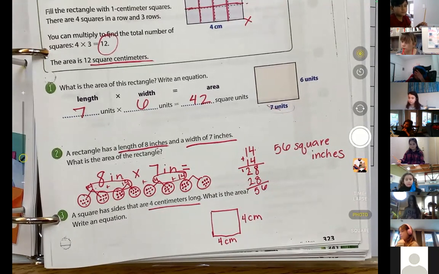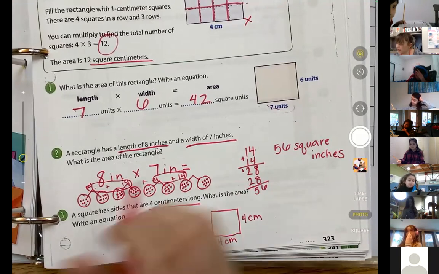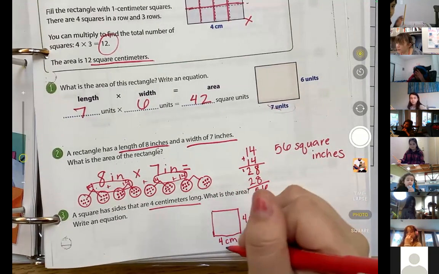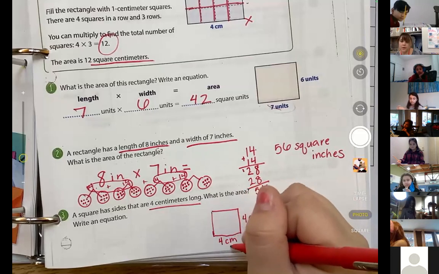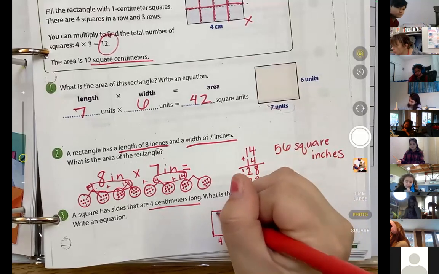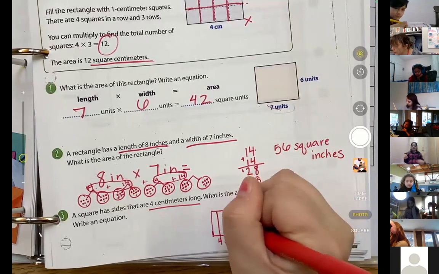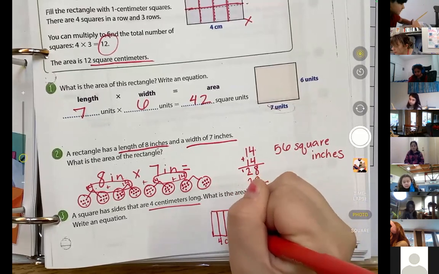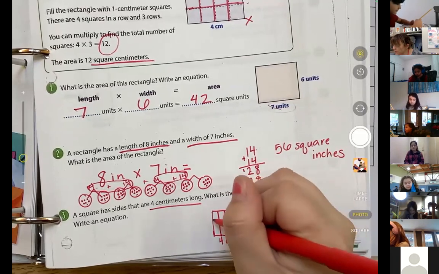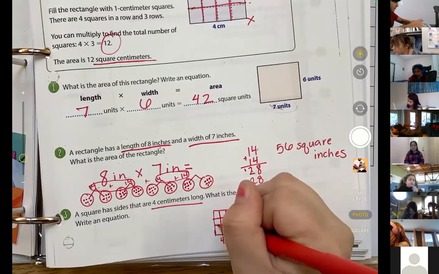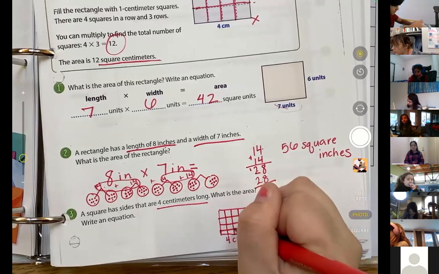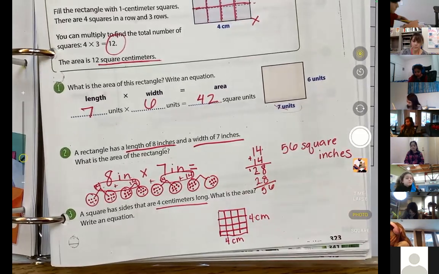I think you would have to draw the squares. Okay, so we could do that. So remember I told you guys to draw the squares, you take the number and you do 1 less. So I'm gonna make 3 lines, doing my best to keep them equal. Same here, 3 lines, doing my best to keep them equal.